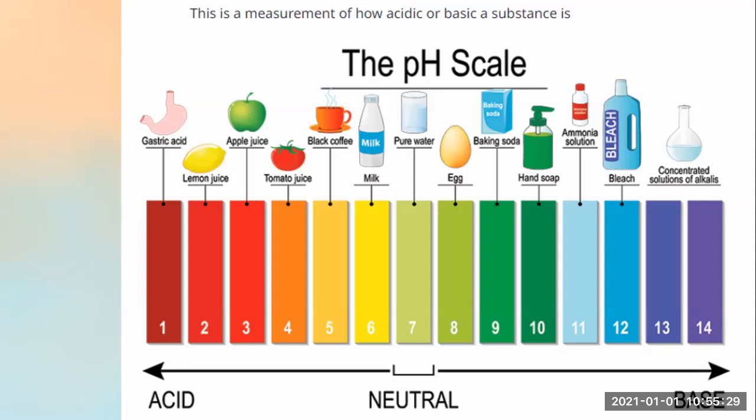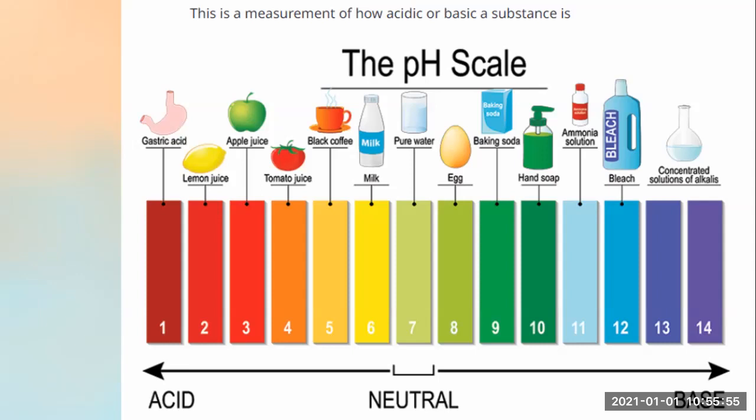It means that numbers 8 to 14 show the basic nature of the substance. Now what about number 7, students? If we do the activity and find a color same as number 7, it means that the substance is neutral in nature. It means it is neither acidic nor basic.